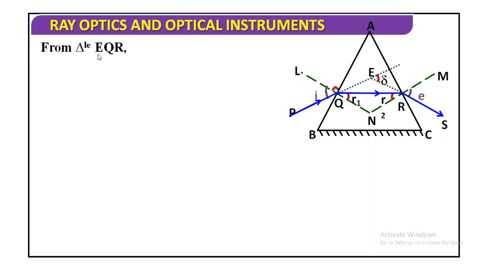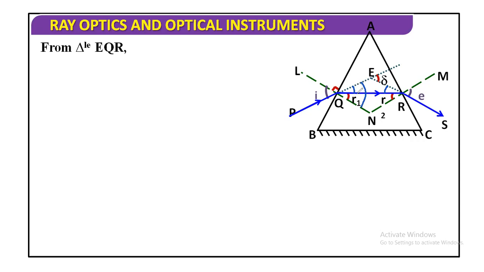So choose the triangle EQR. In this triangle, delta is the exterior angle and these are the interior angles. How can we find these interior angles? Very simple, because the total angle here is I. So this complete angle should also equal I. We want to find this angle.